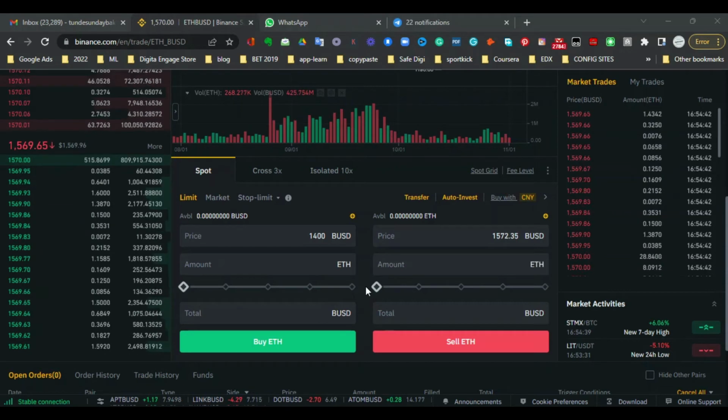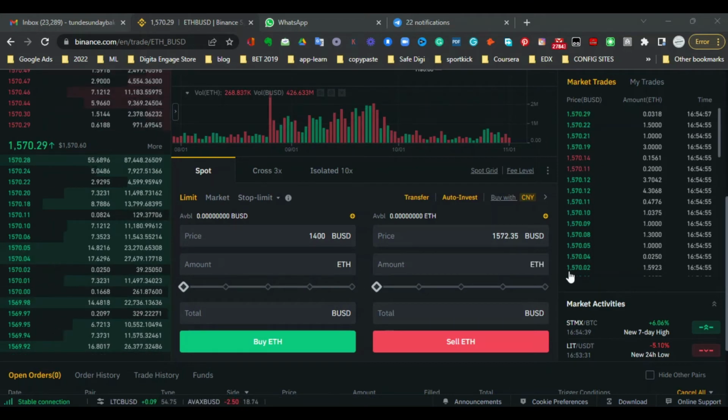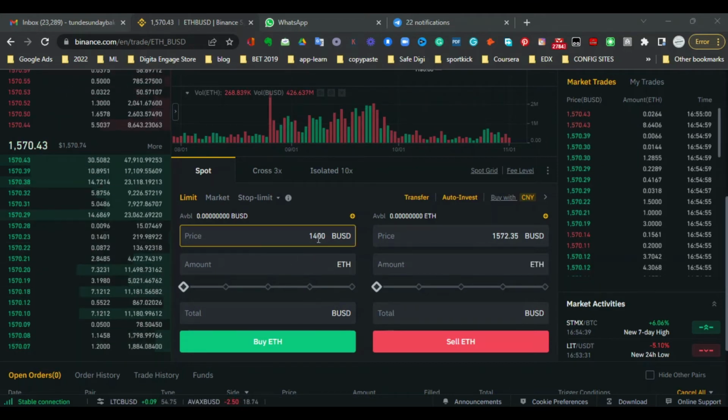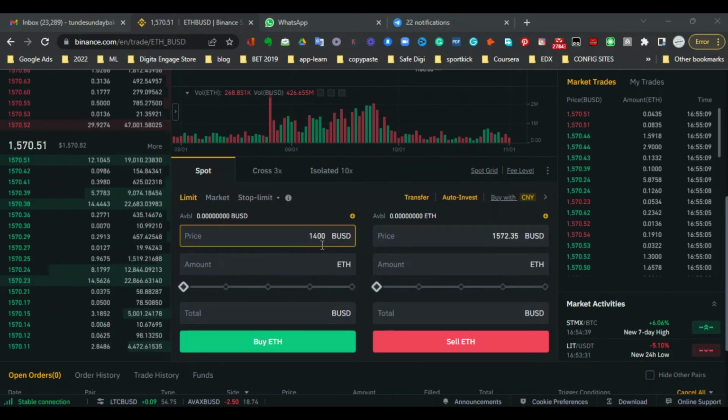For example, let's say the current price of Ether is 1,569.60 BUSD. If I place a limit order with a limit price of 1,400 BUSD, the order will not be executed until the price drops to 1,400 BUSD or below it.